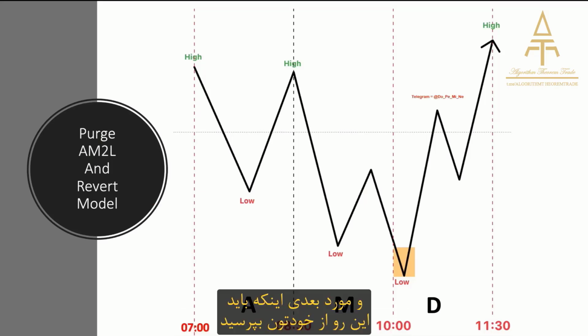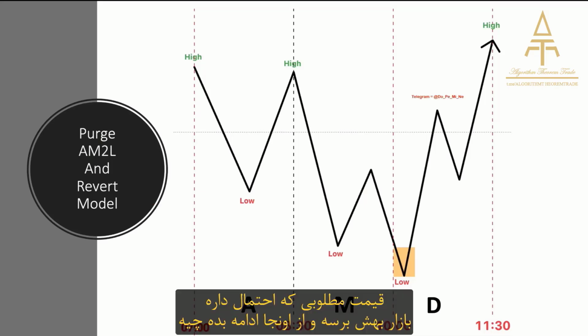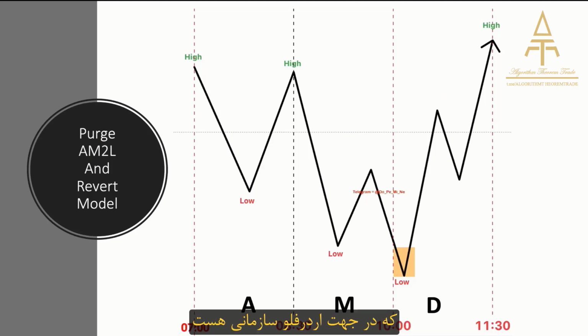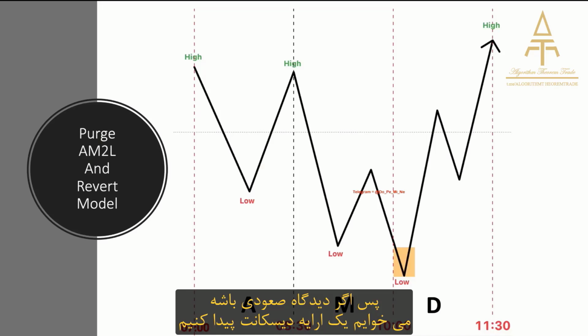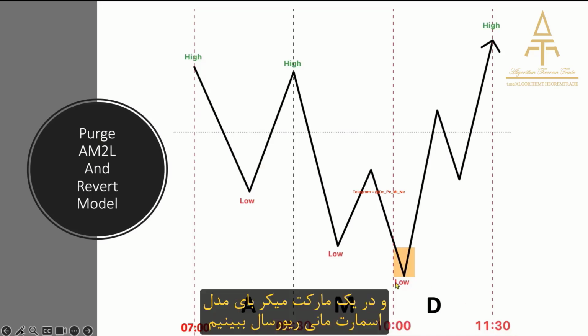Secondly, you should ask yourself, what is the point of interest where price is likely to trade into and continue from with the real institutional order flow? So if we're bullish, we want to have determined a discount array that could be utilized for a smart money reversal to originate in within a fractal market maker buy model.